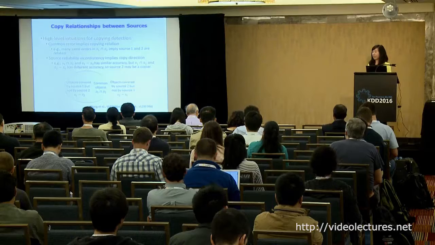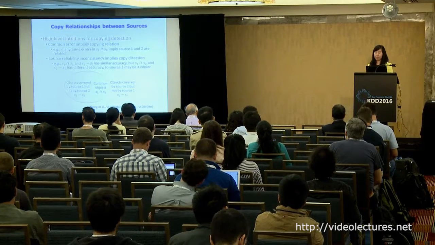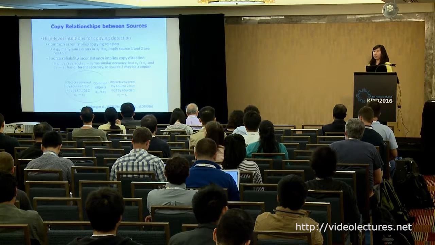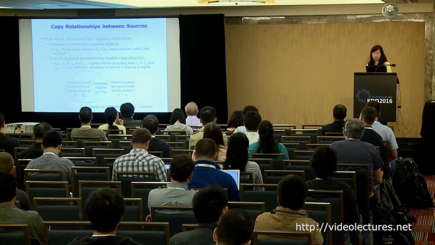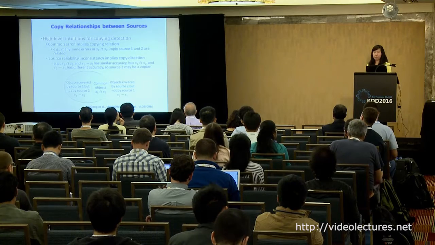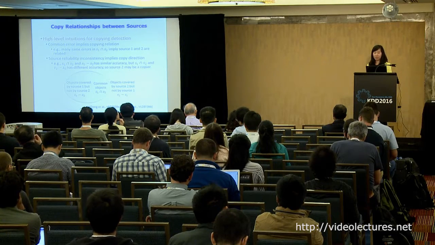So let's look at this copy relationship problem in a little bit more detail. This work was done by Luna Dong. She was with AT&T and Google before, and now she has moved to Amazon. The high-level idea for copy detection is as follows.